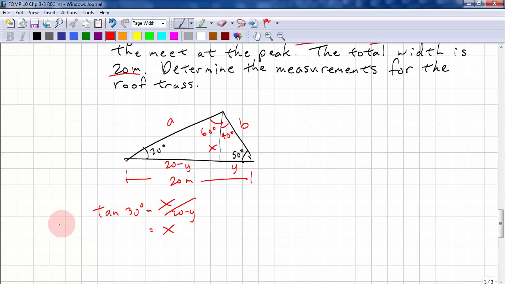X equals (20 minus Y) tan 30. Let's look at this triangle. Tan 50 equals X over Y. X equals Y tan 50.